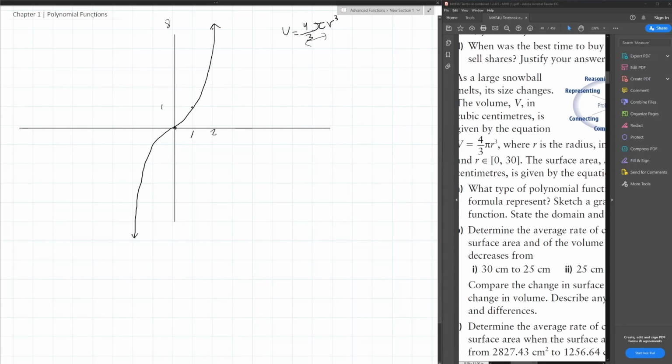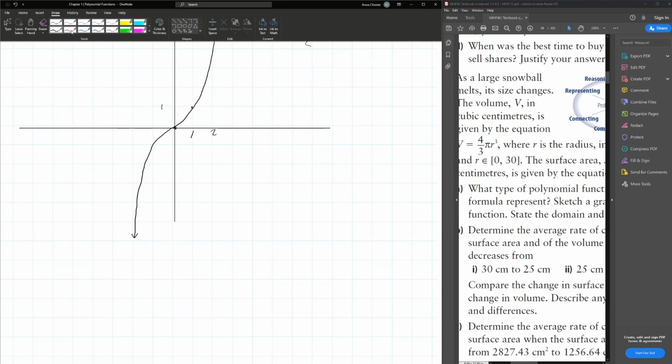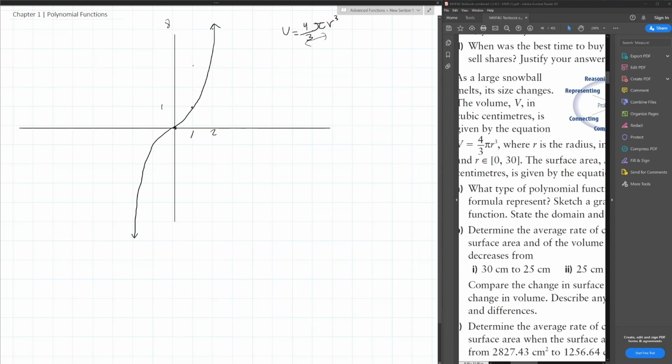So our new graph is going to be stretched vertically. So from 1 we're going to 4, and from 8 we're going to like 32. And so we have a really skinny graph now. And that's what our graph will look like for part A.